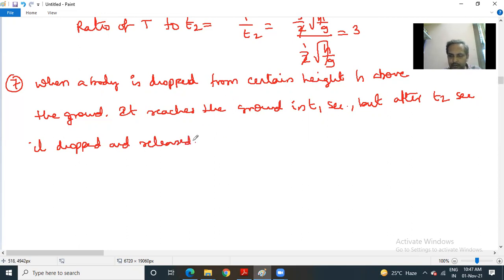So the further time after which it reaches the ground is to be found.